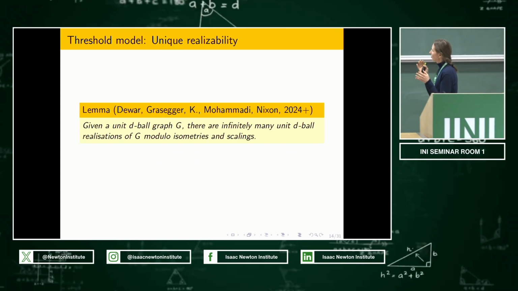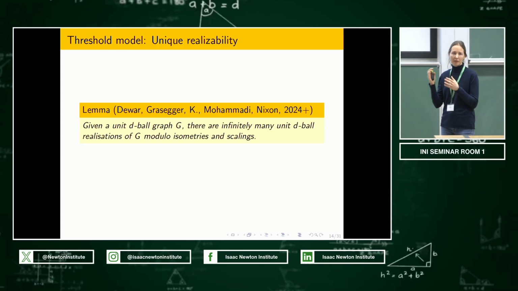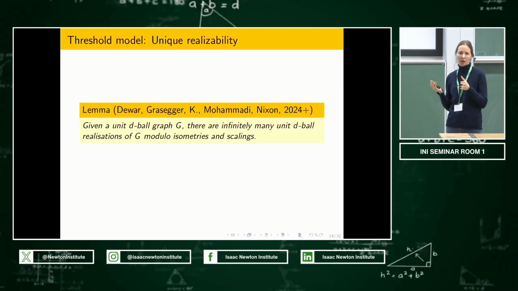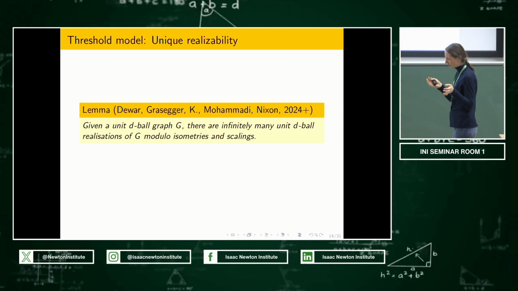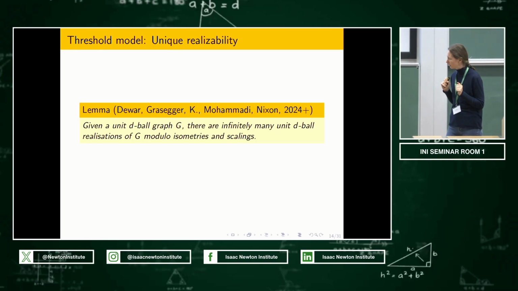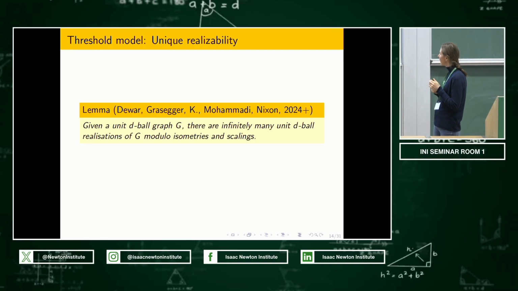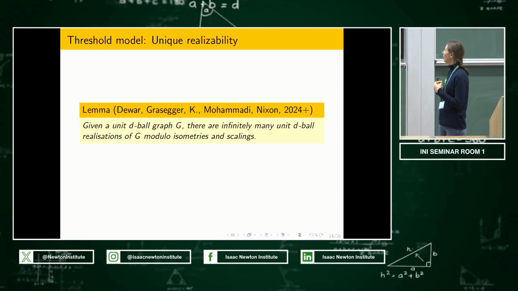But the bad news is, I like this threshold model because it is very simple and very natural from the biological perspective. But I said there is the existence question and the uniqueness question. Existence we don't understand very well in 3 dimensions, and for uniqueness there is basically bad news.